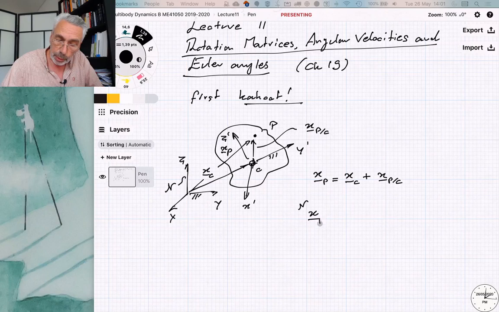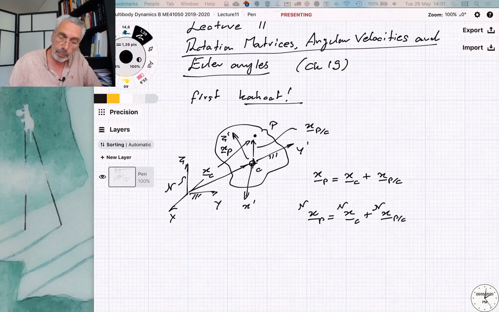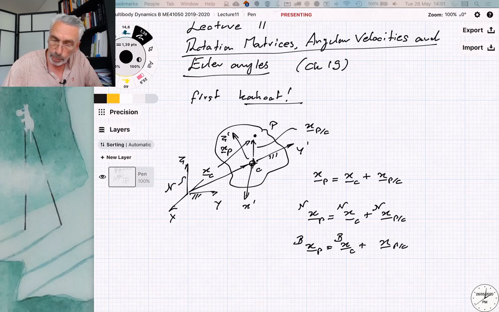But we could do the same, of course, in the body fixed frame. We could say x_P in the body fixed frame is x_C plus this x_P with respect to C, in the body fixed frame. Now, why would we do that?